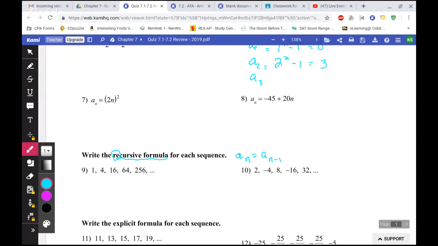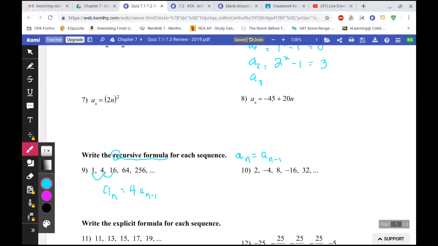Okay. So how does 1 associate with 4, and then maybe 4 with 16? Like, what are we seeing going on there? Multiplying it by 4. Yeah, perfect. You're a genius. Thank you. So basically, what you're looking at is 4 times a sub n minus 1.